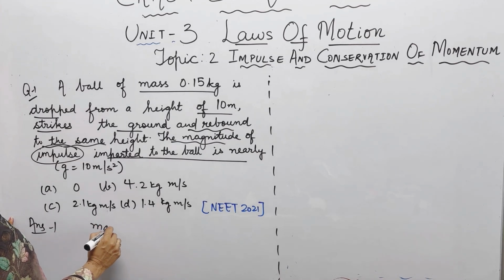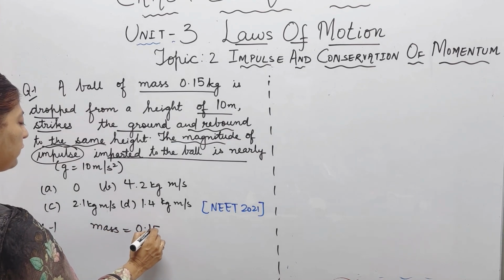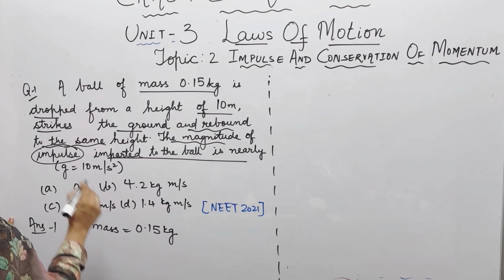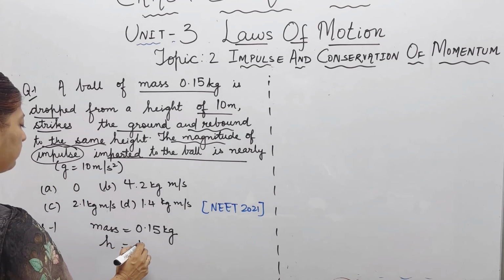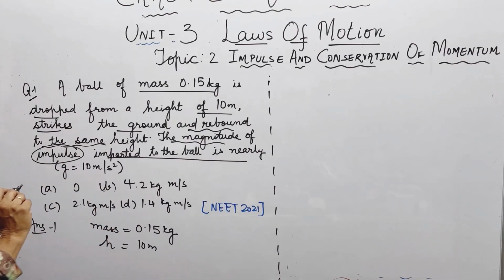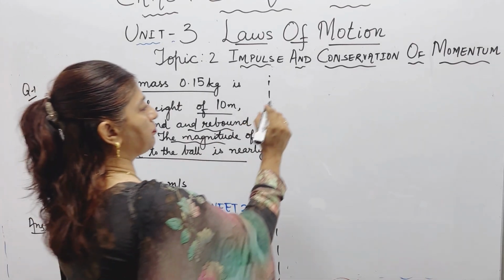Mass is 0.15 kg. Height from which it is dropped is 10 meter, and it again rebounds, and the magnitude of impulse.